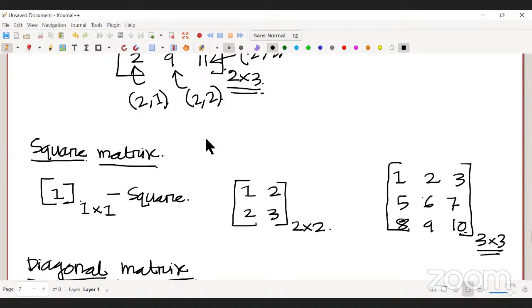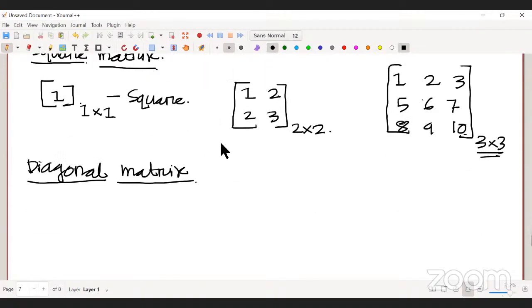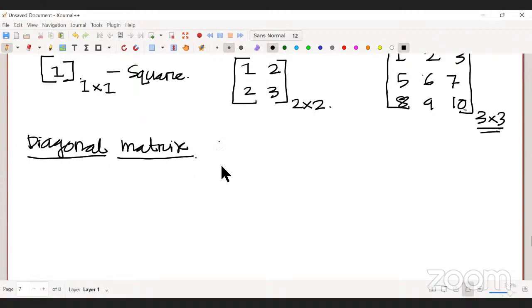Okay, sir. Yeah. So whatever diagonal matrices I'll define, they basically come under the class of square matrices. A diagonal matrix is a square matrix where all the non-diagonal entries are 0.